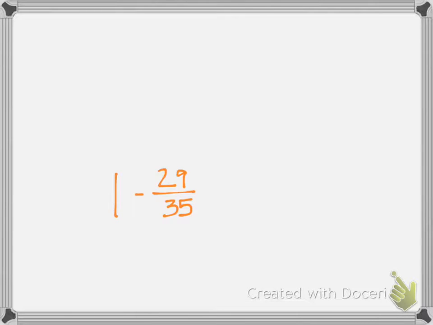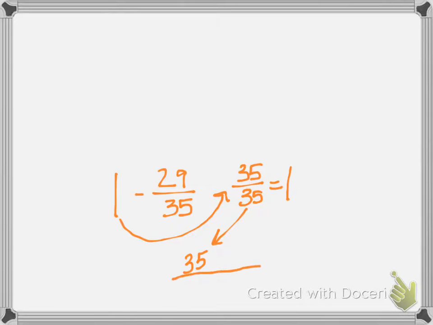So if I have 1 whole take away 29/35ths, I then need to take 1 whole and convert that to a common denominator. So 35/35ths is going to be equal to 1 whole. So then I can take 35/35ths, take away 29.